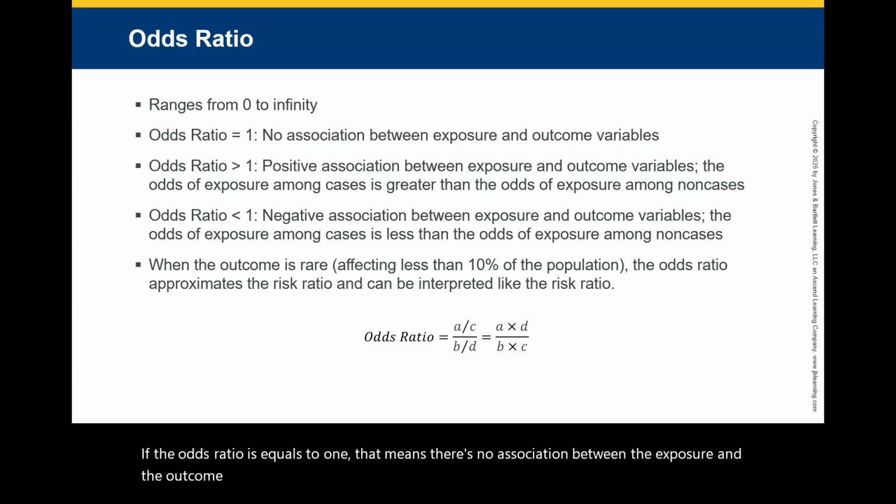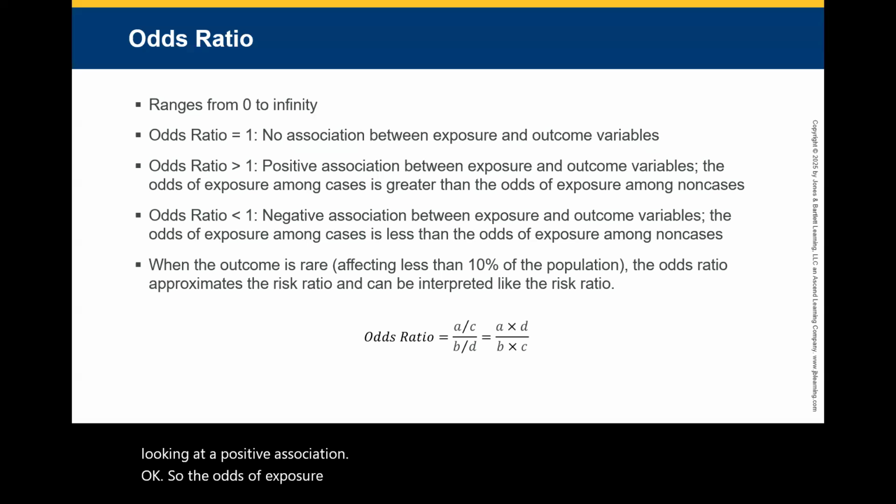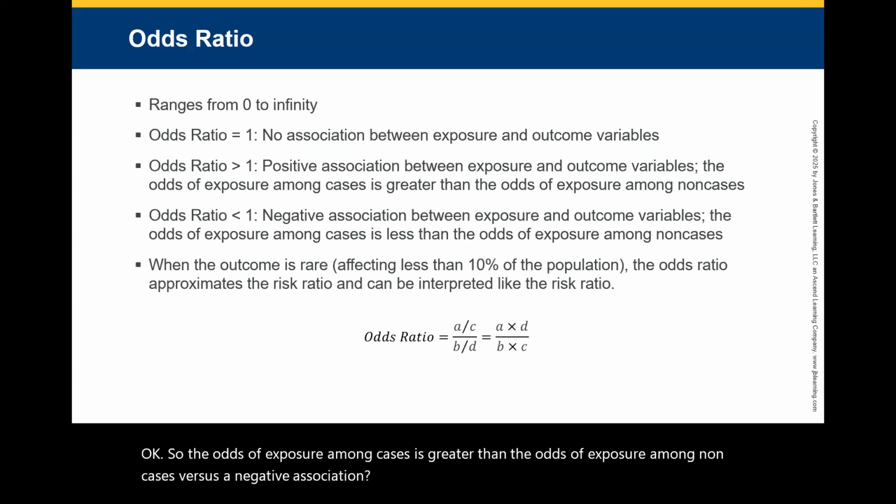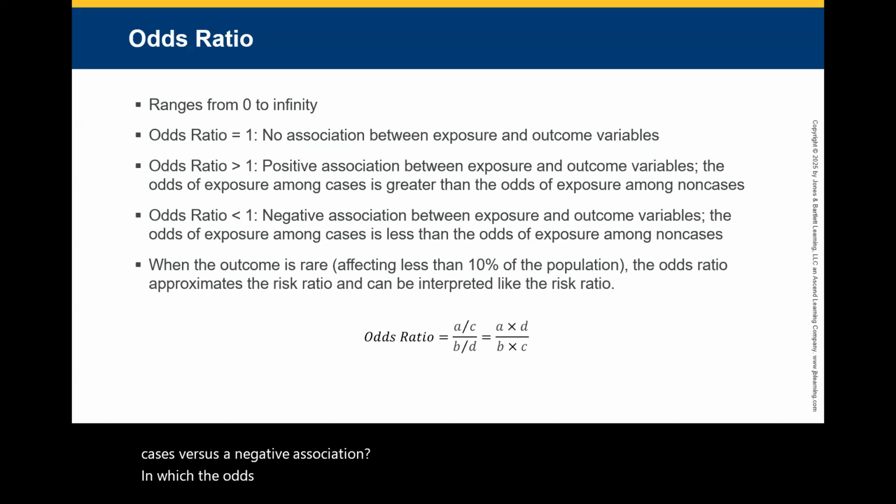If it's greater than 1, we're looking at a positive association, meaning the odds of exposure among cases is greater than the odds of exposure among non-cases. A negative association is one in which the odds of exposure among cases is less than the odds of exposure among non-cases.